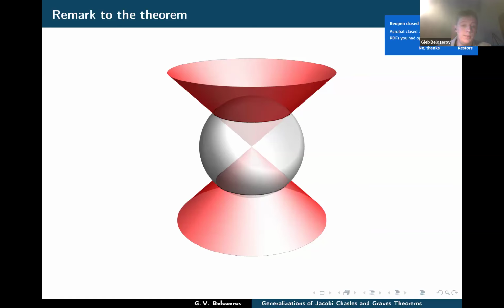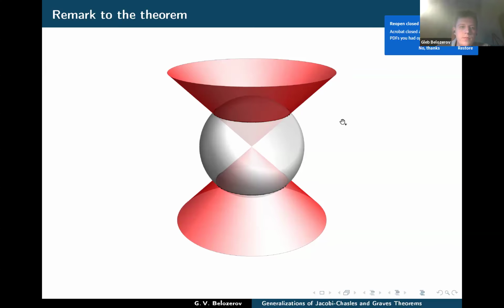And we see that the curve of intersection of a sphere and a cone is not a geodesic on the sphere and the cone. So my generalization doesn't follow from the classical theorem.